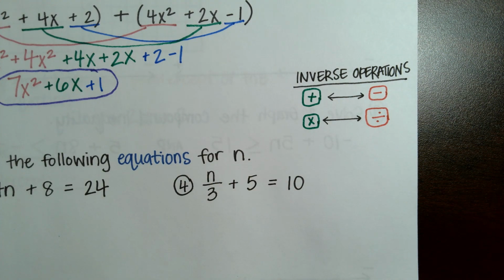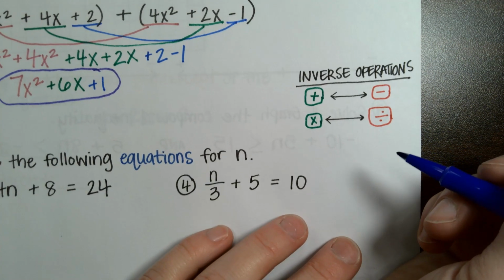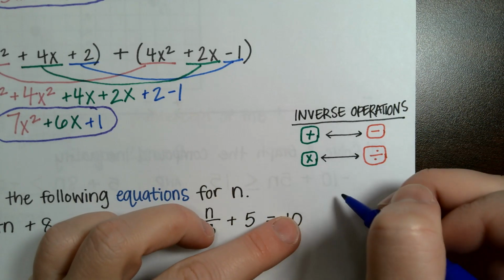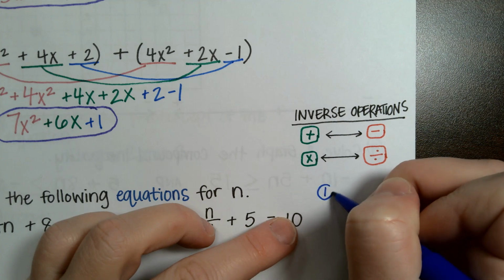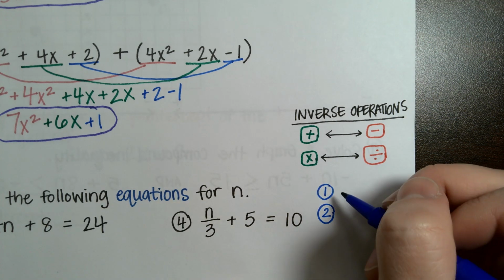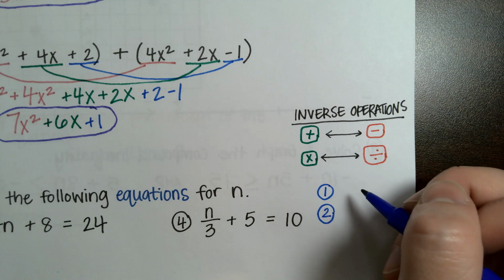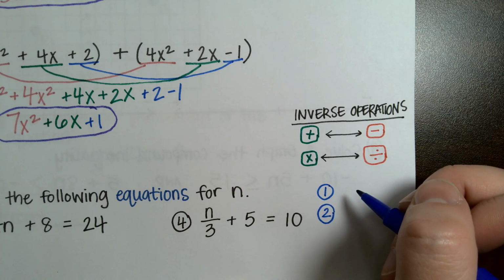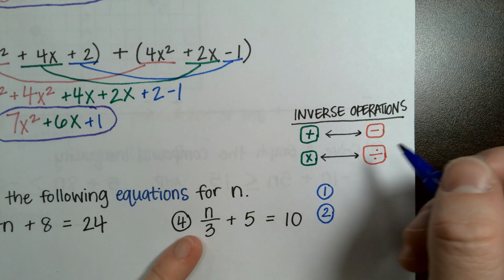And then let's talk about the order of operations. So when we're solving for n, you guys remember what we do first? Which operation do we do first? Multiplication and division, or addition and subtraction? Addition and subtraction. Yes, we do it backwards.